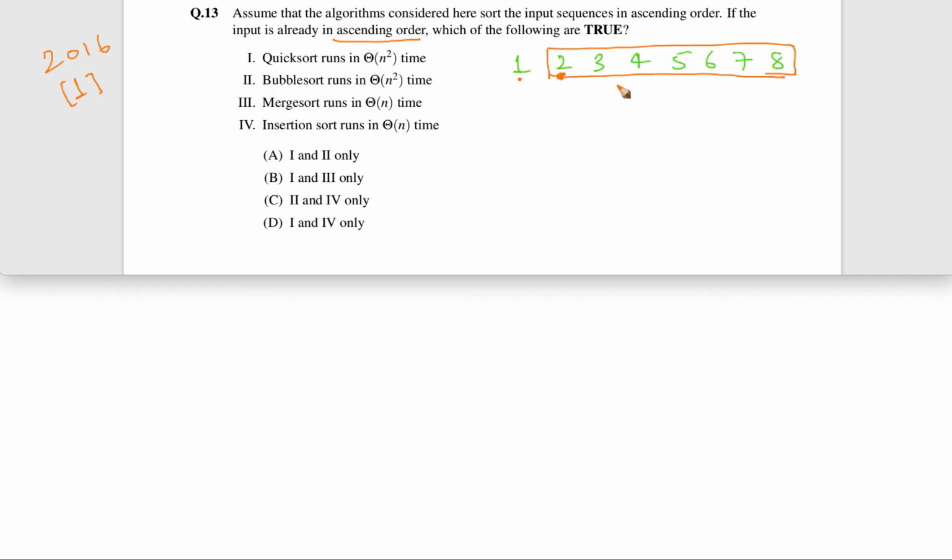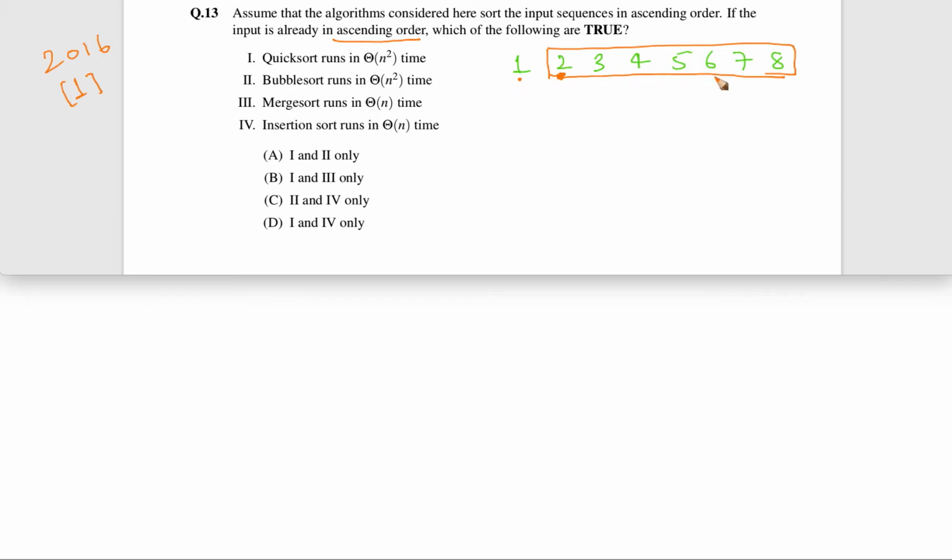Okay, so we are seeing here that our pivot should be chosen such that it divides the entire list into somewhat equal parts, but that happens in an average case for a random input.